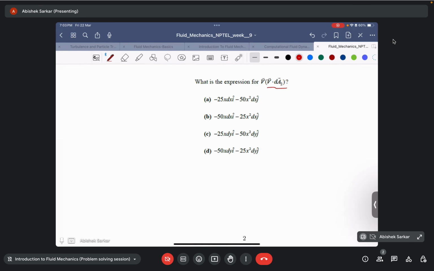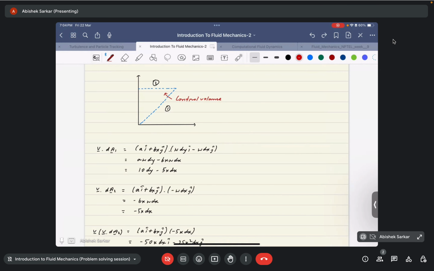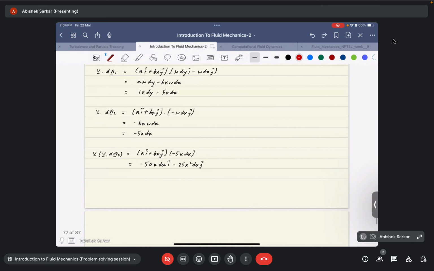Once you do that, you will get A i cap plus Bx j cap multiplied by minus 5x dx, that is equal to V times V dot dA2. Let me just show it. You will get V times V dot dA2 would be equal to minus 50x dx i cap minus 25x squared dx j cap.